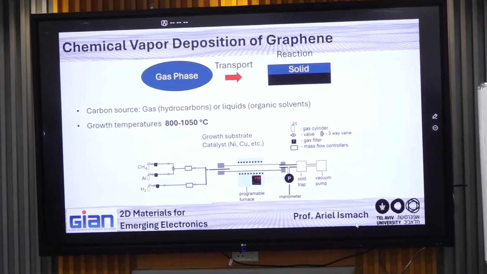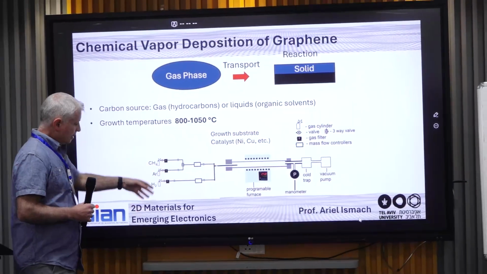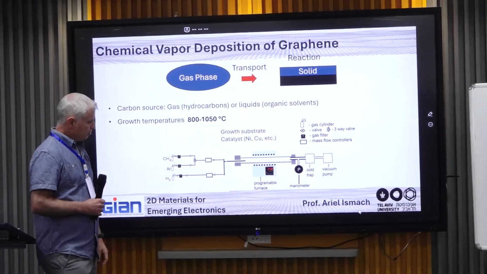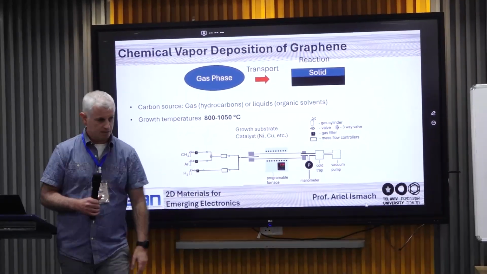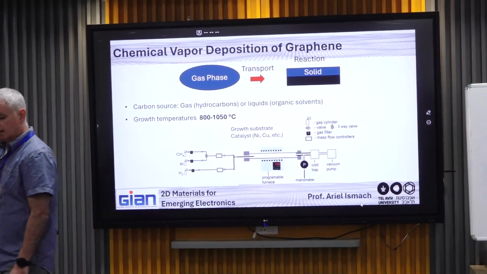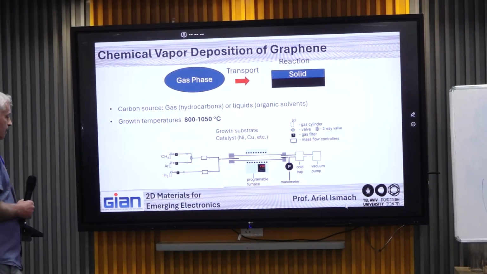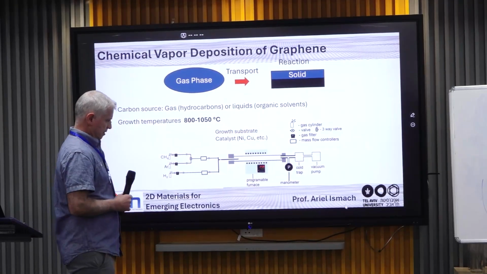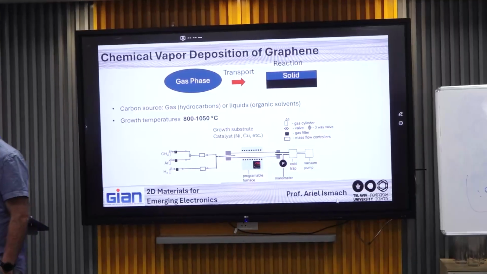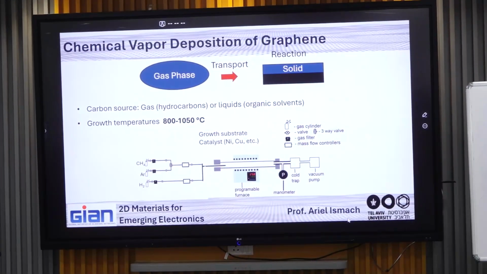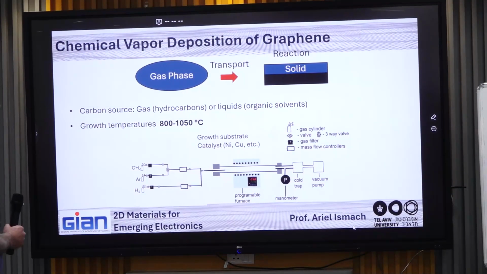Okay, we'll talk about that in a minute. In addition to the hydrocarbon, you usually need some other gases, carrier gases, like inert gases, argon and hydrogen. Hydrogen, especially if you work in atmospheric pressure or low pressure, it's better to have some hydrogen present to react with any oxygen residue.